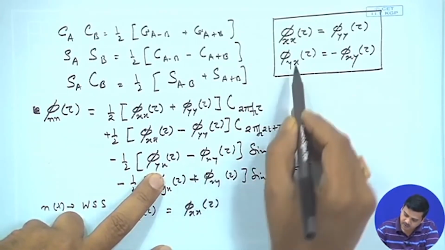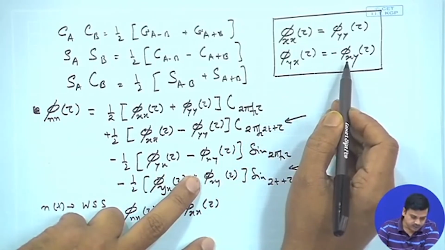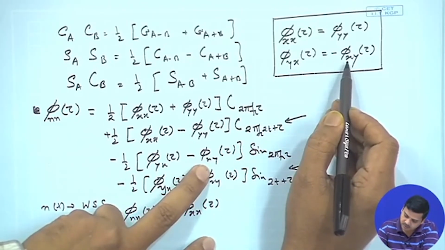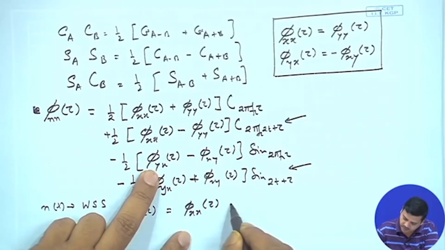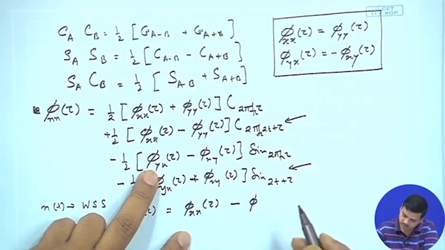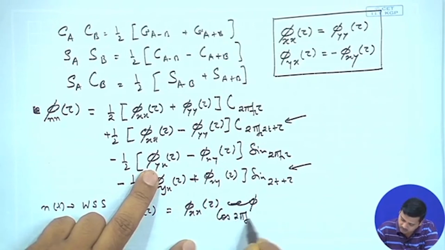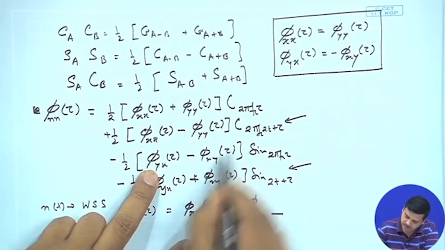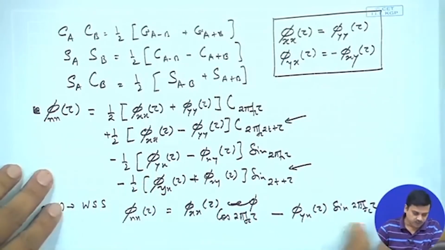So phi yx is equal to minus phi xy. We have phi xx times cos 2 pi f c tau minus, because of this, phi yx of tau sin 2 pi f c tau.